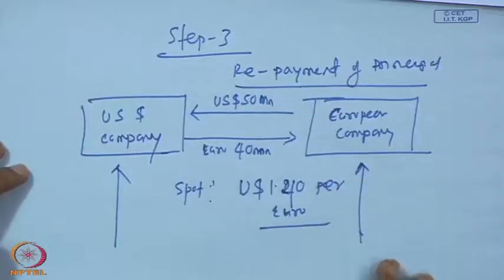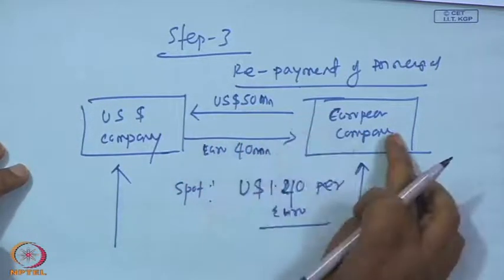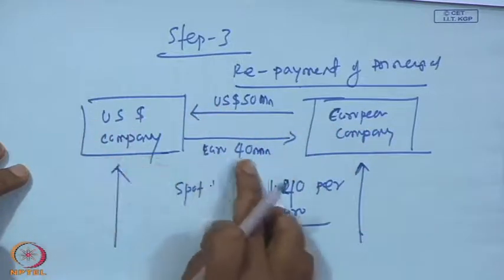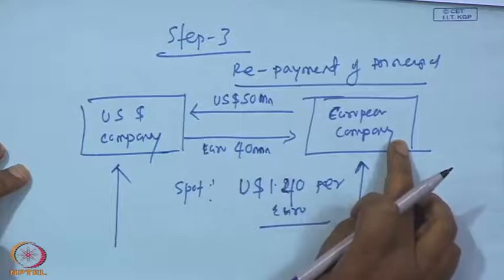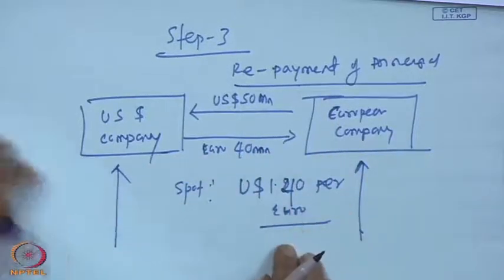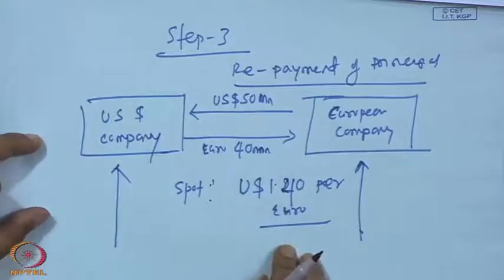What does it mean? The European company will pay dollar 50 million to the US company, and the US company will repay euro 40 million to the European company at the current transaction rate of $1.40 per euro.